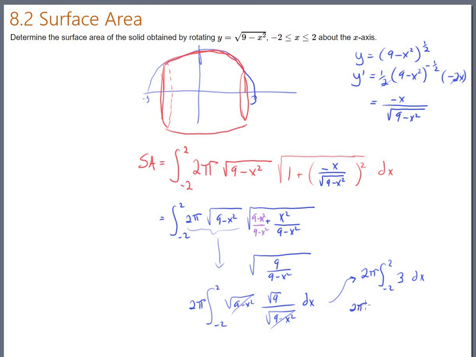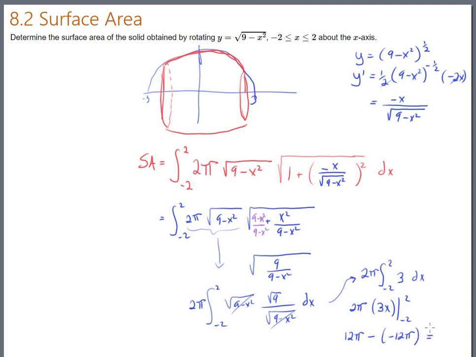So we'll get 2 pi times 3x, evaluated from negative 2 to 2. When we plug in 2, we get 6 times 2 pi, so we get 12 pi. And then when we plug in negative 2, we get negative 6, so we get minus another negative 12 pi.